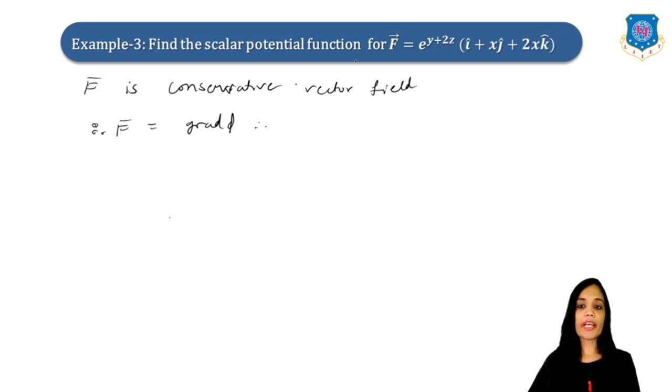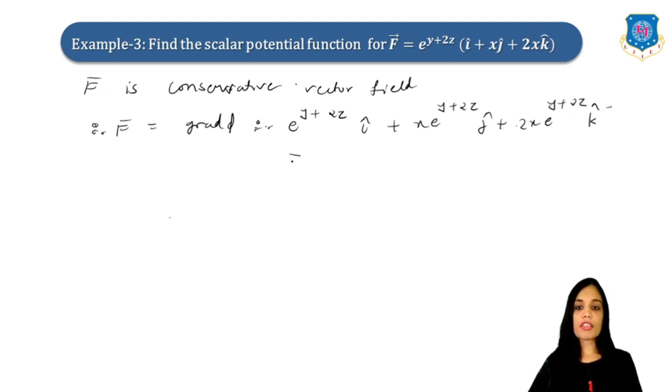Now open the bracket and write from this: e raised to y plus 2z i cap plus x into e raised to y plus 2z j cap plus 2x into e raised to y plus 2z k cap. This equals the gradient, meaning del phi by del x i cap plus del phi by del y j cap plus del phi by del z k cap.